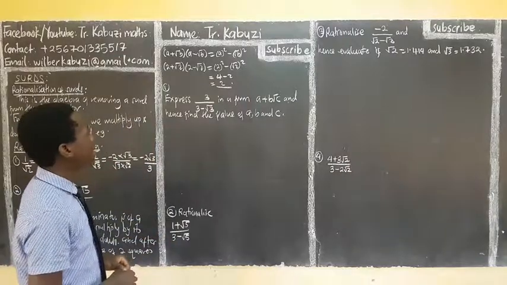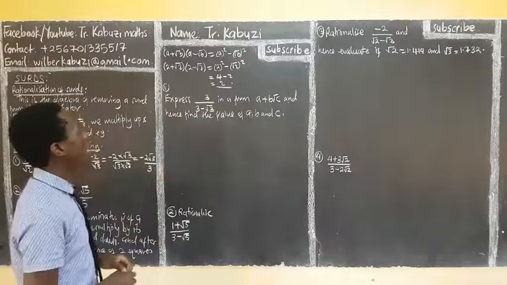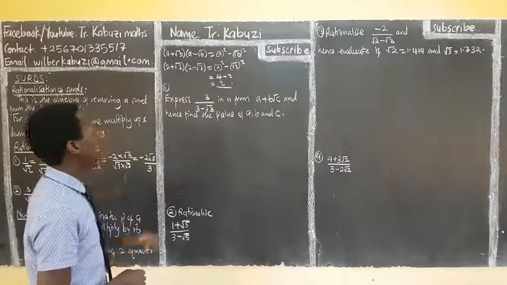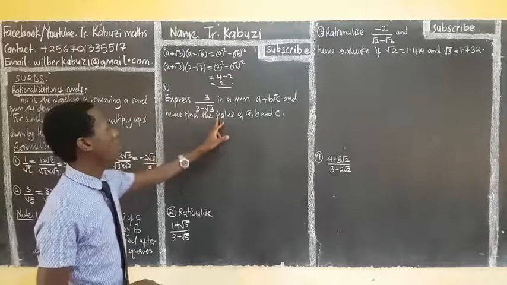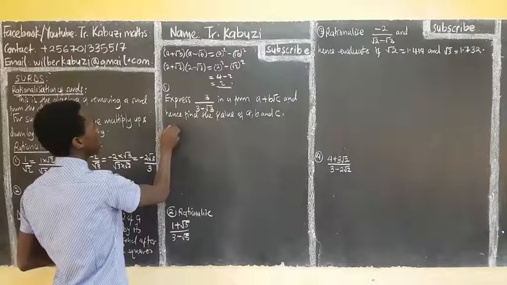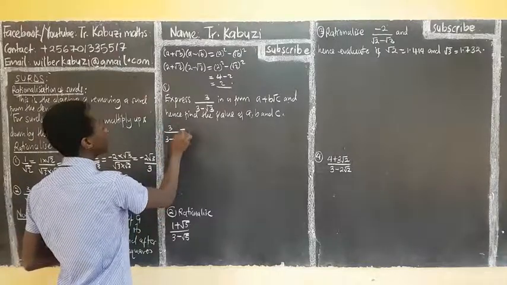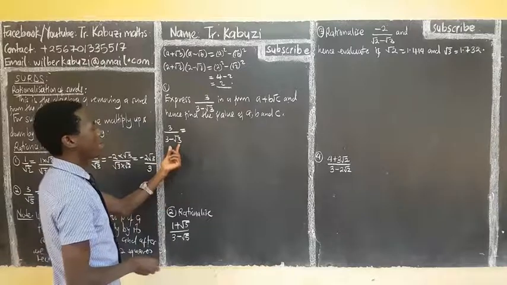Let us see some examples now. Express this in the form a plus root b, and hence find the values of a, b, and c. So what we have is root 3 minus root that. This one is saying we multiply by the conjugate up and down.